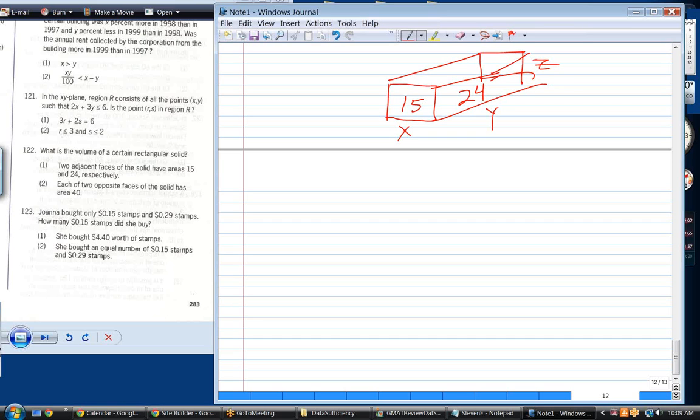Can I solve that? Good thinking. You're on the same track I was. In my drawing, I've got xz equals 15 and yz equals 24.